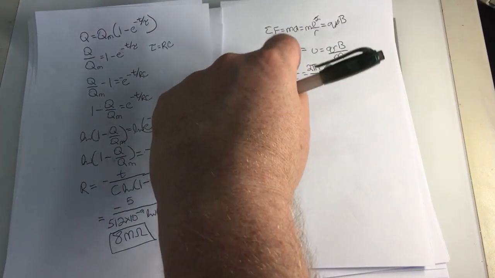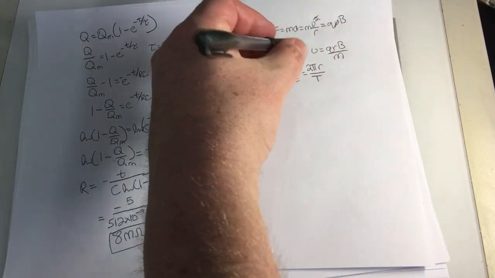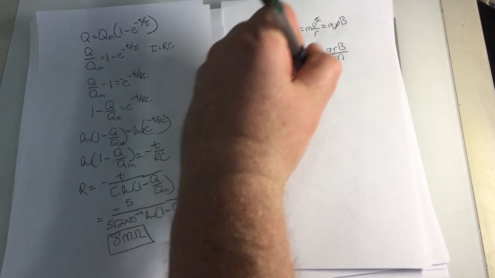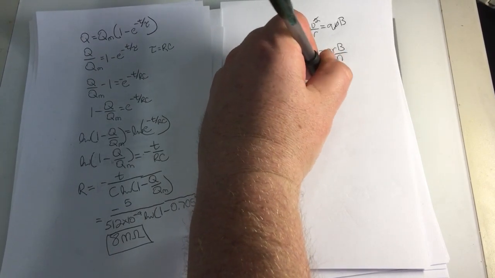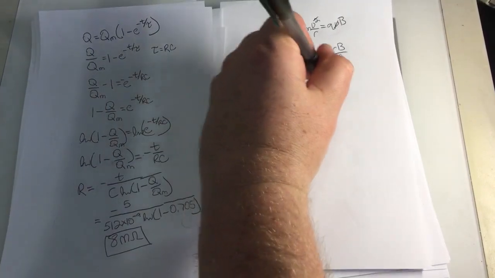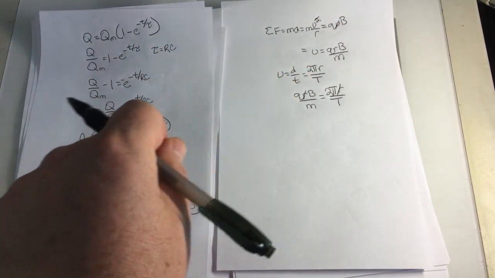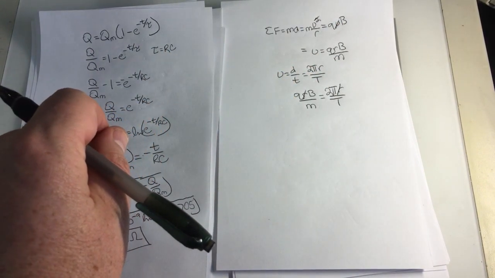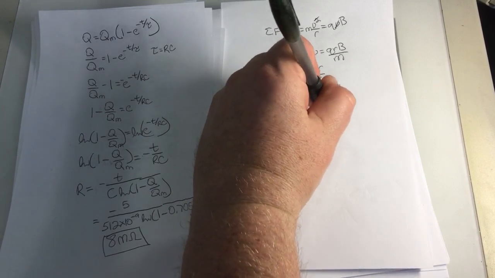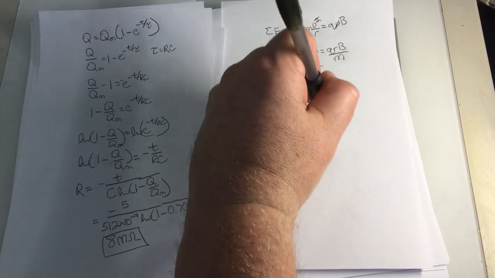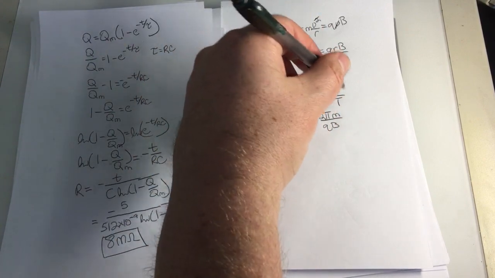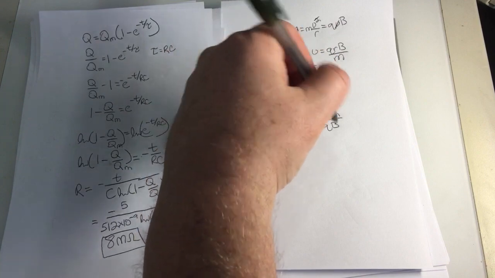So this, for velocity, is equal to that. qrB over m is equal to 2 pi r over T. My r's cancel, so the radius is not necessary. Solve for period. Period equals 2 pi m over qB. m comes up, T goes up, qB comes down.